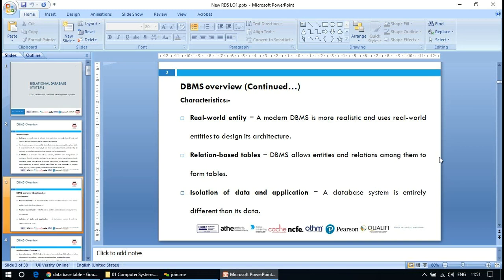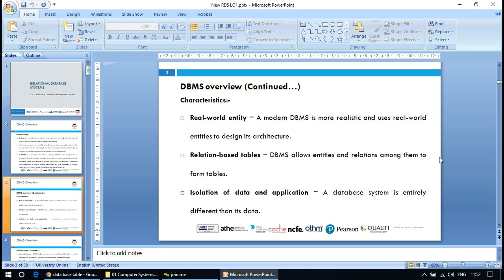However, in the current database management system, if you have stored 10,000 records, those records are independent of any application, and can be accessed via any application.